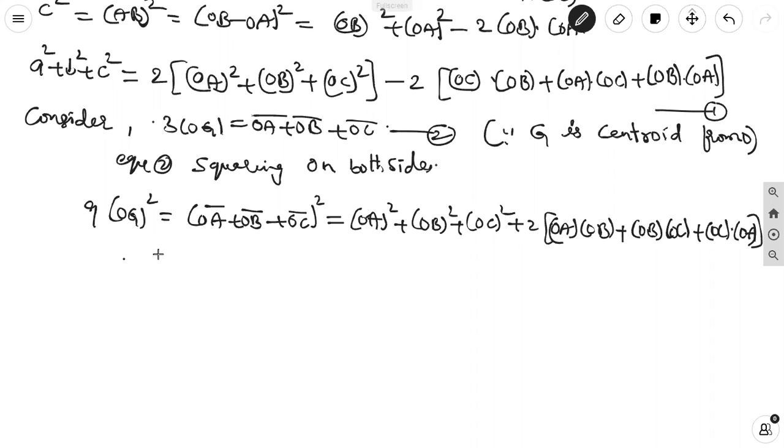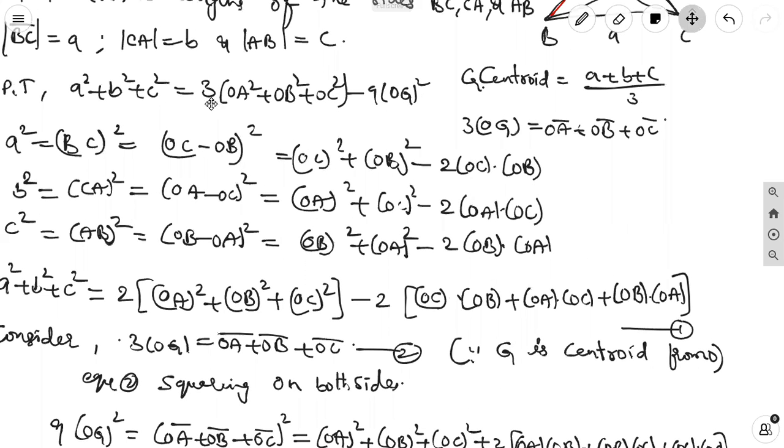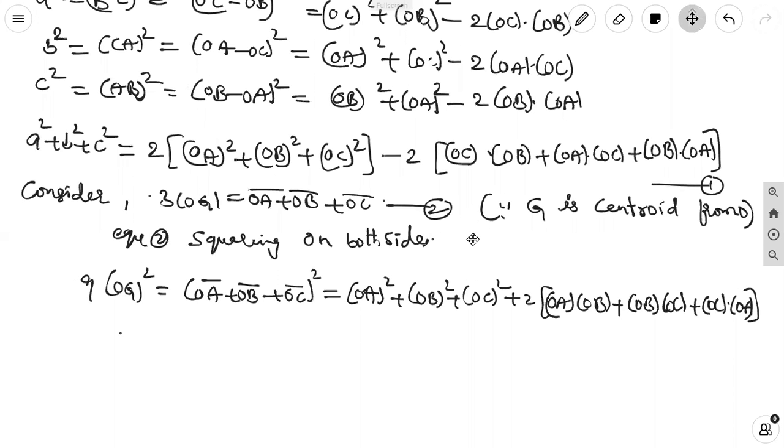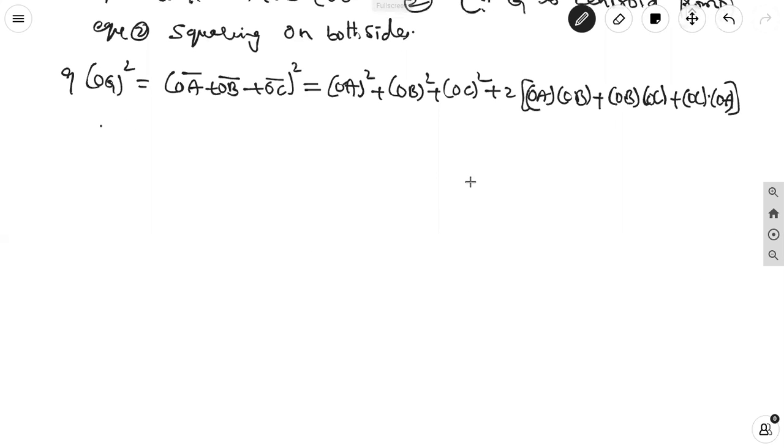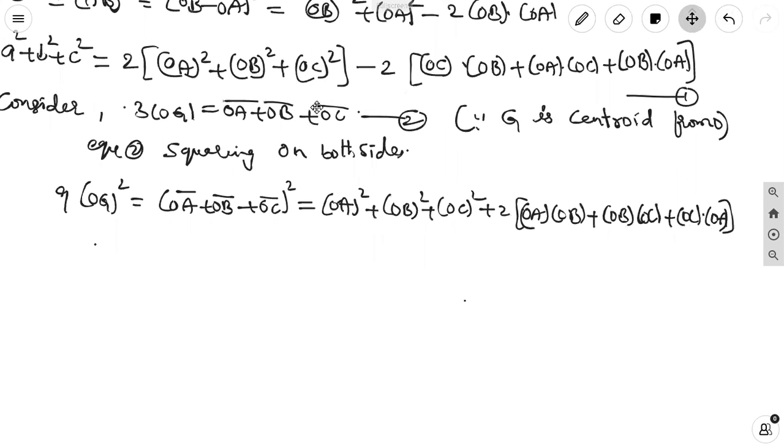But here, what we have to prove is that a square plus b square plus c square is equal to 3 into (OA square plus OB square plus OC square) minus 9 into OG square. So for that, on the left side, a square plus b square plus c square is there. Here 2 is already there.